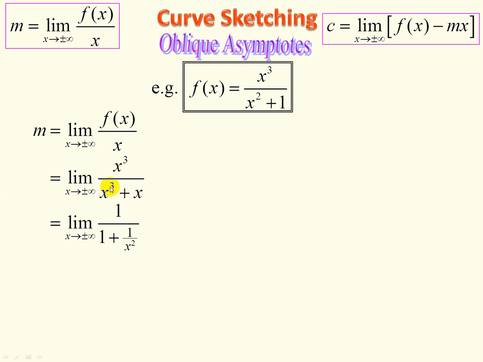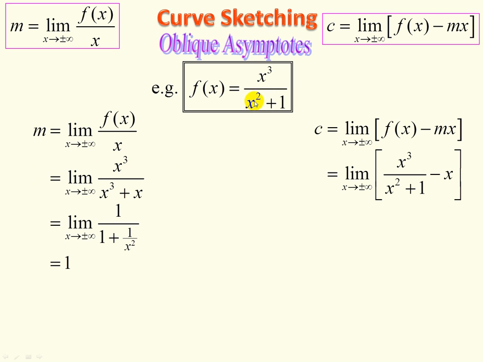As x tends to infinity, 1 over x squared is going to 0. That stays as 1, that stays as 1, so we have 1 over 1 plus 0, which is 1. Therefore, we now know that our oblique asymptote is y equals 1x plus c. But we still don't know the c value. Let's use our c formula.